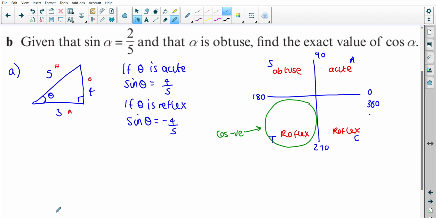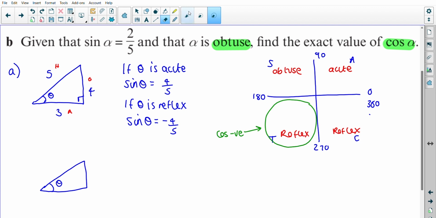So this time we've got sine alpha equals 2/5, and we're told that alpha is obtuse, and we're finding the exact value of cos alpha. So same thing, right angle triangle, treating not theta anymore, treating alpha to be acute. So opposite 2, hypotenuse 5.